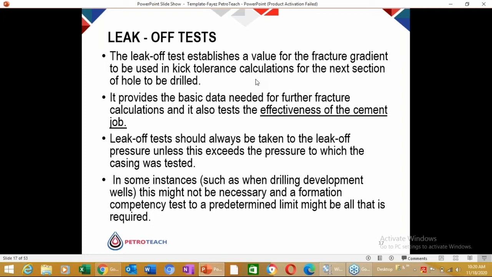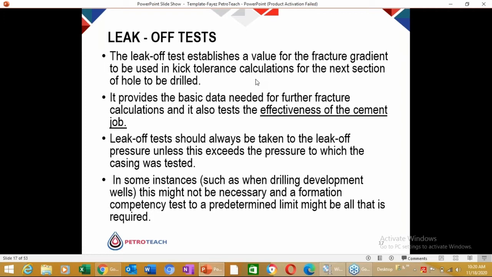It provides the basic data needed for further fracture calculations, and it also tests the effectiveness of the cement job. The leak-off test should always be taken to the leak-off pressure unless this exceeds the pressure to which the casing was tested.